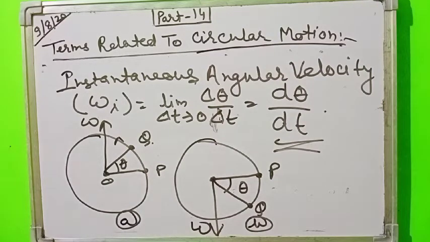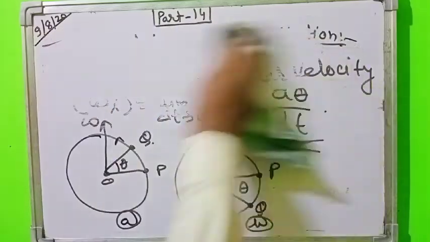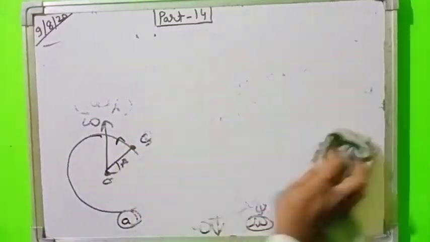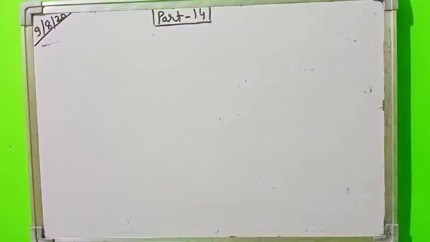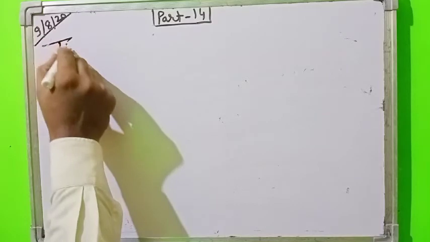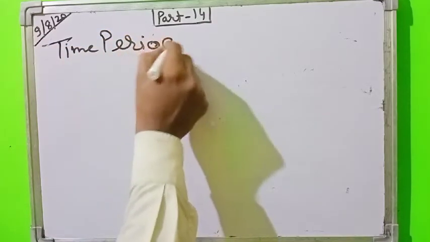Now, time period. As you know, time period is the total time taken to complete one revolution. These are the basic terms related to circular motion, so I am elaborating. You had already studied them in previous classes also.